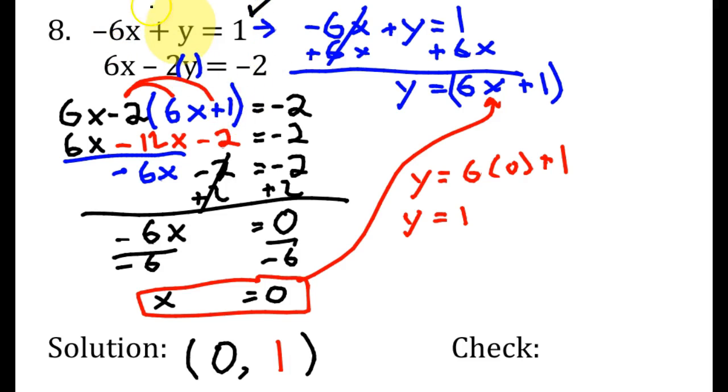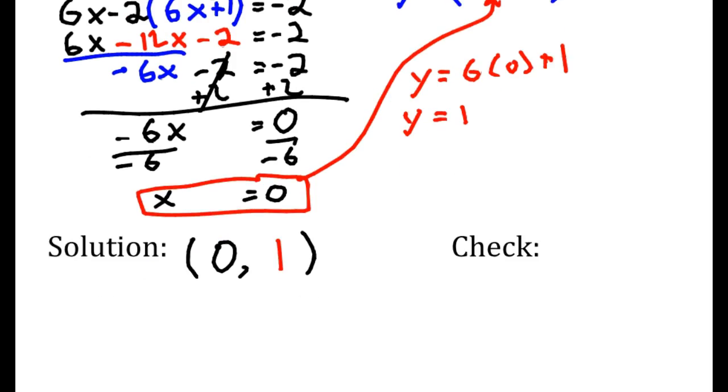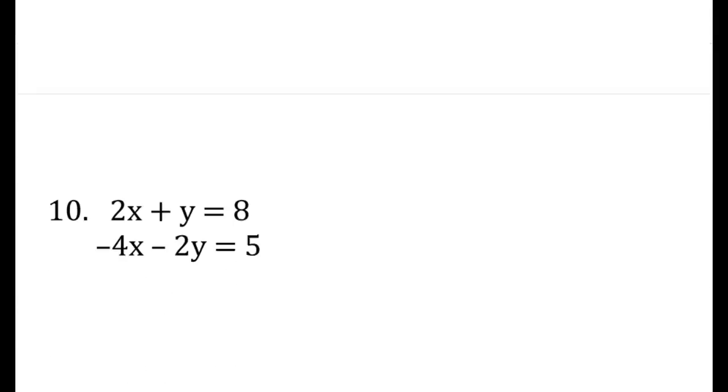You plug x and y back in, it should equal that number. 6 times 0 minus 2 times 1, that'd be negative 2. So negative 2 equals negative 2. So it checks out. You can check these pretty quickly mentally to see if it's 100% or not. You don't have to turn it in and hope that those are right. Okay, so just do the check in addition to looking at the graph on the back.